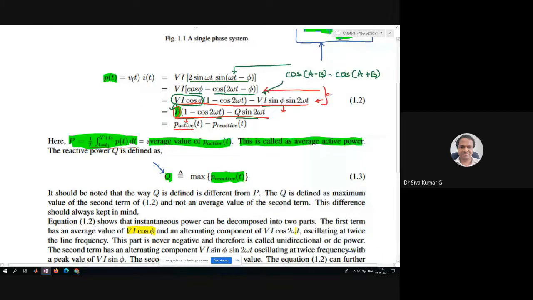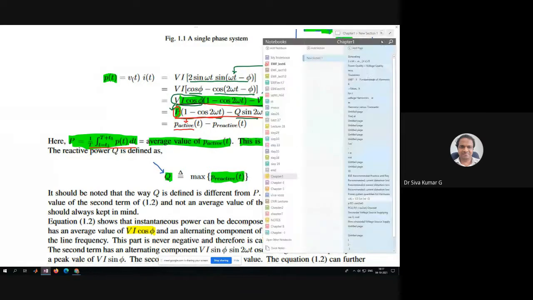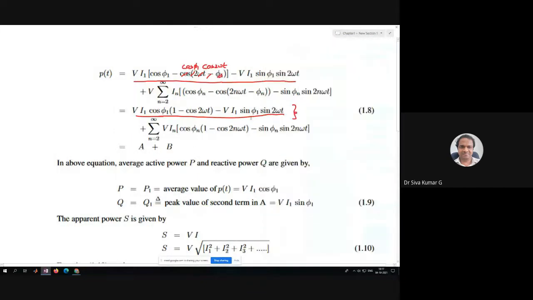This equation: V1 I1 cos phi times 1 minus cos 2 omega t, plus V1 I1 sin phi times sin 2 omega t. This equation we have used over here.